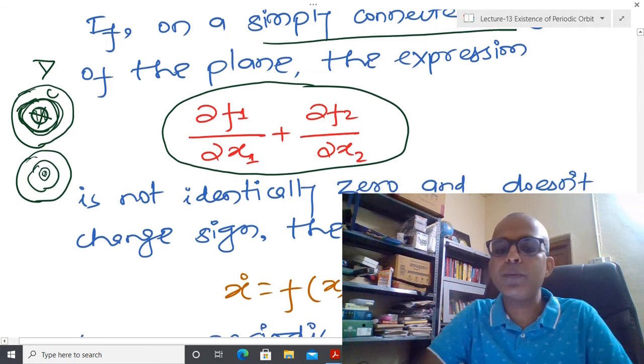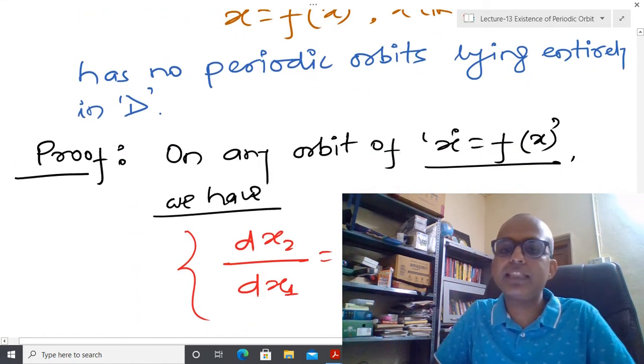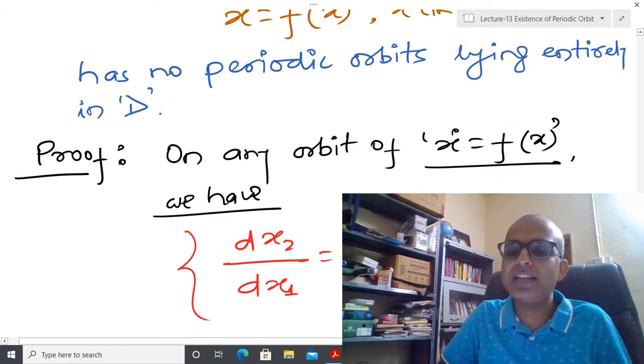You can see the proof. Proof is like this. If I have this kind of system x dot equal to f(x), I can also write dx1/dt equal to f1(x). I have two components. After that, dx2/dt equal to f2(x).